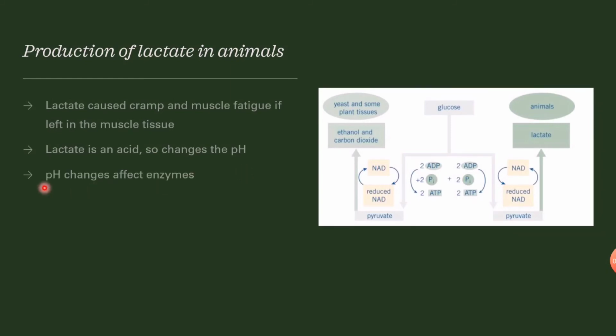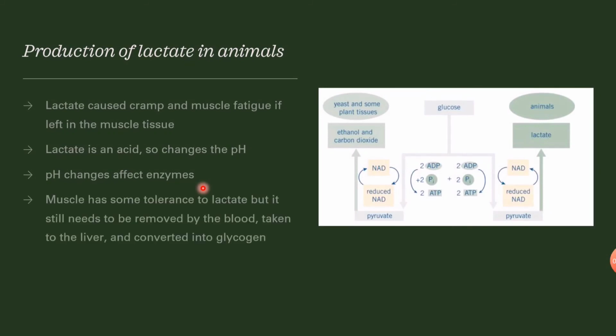And pH changes affect our enzymes, and enzymes are very important in pretty much all of our bodily processes. Our muscles have some tolerance to lactate, but it still needs to be removed by the blood. It needs to be taken to the liver and converted into glycogen so it doesn't continue to affect our enzymes.